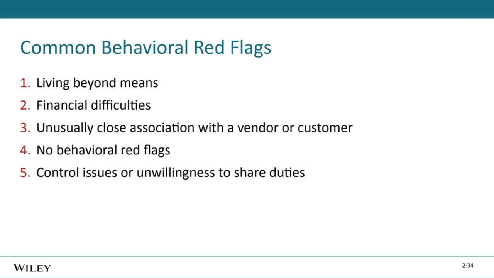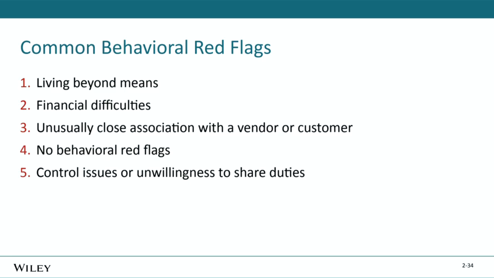Okay, and there may be control issues or an unwillingness to share duties. That's a good one. It's like, no. I will do the payroll every 2 weeks. And I'll come back from vacation to do payroll. I can't, no one else can do payroll as good as I can.